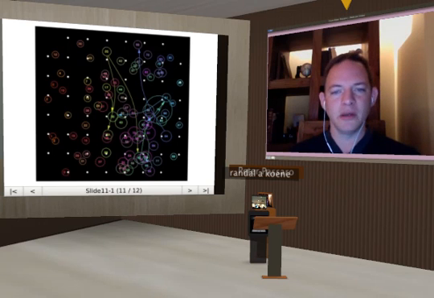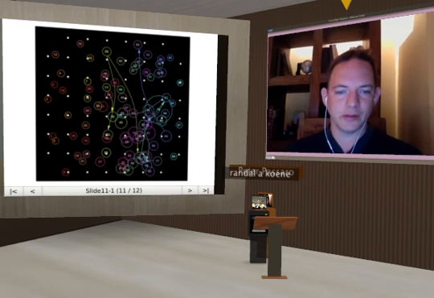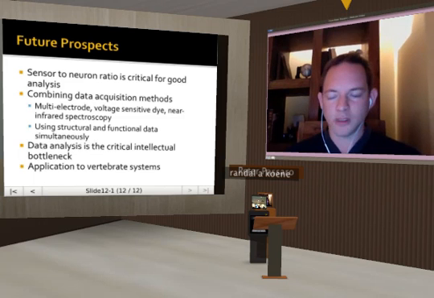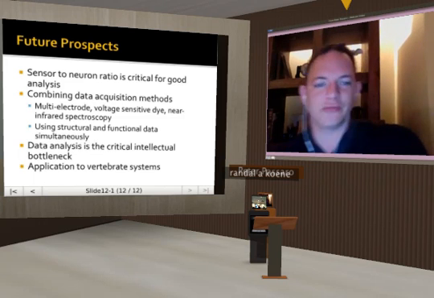So we build up these connectivity maps, and then we look at how these connectivity maps change during a learning experiment or during particular behaviors. Okay. So that's the quick version of what I'm actually up to.